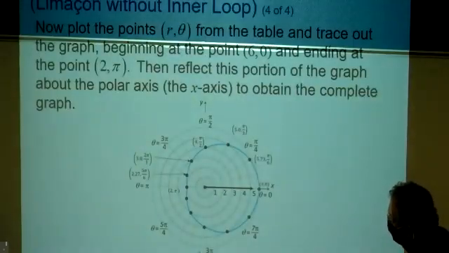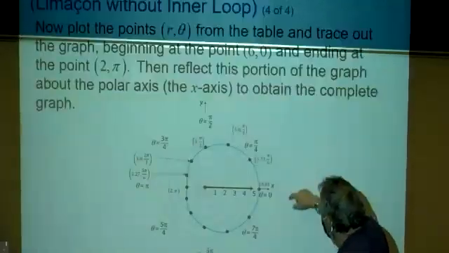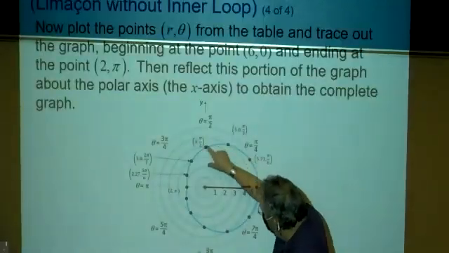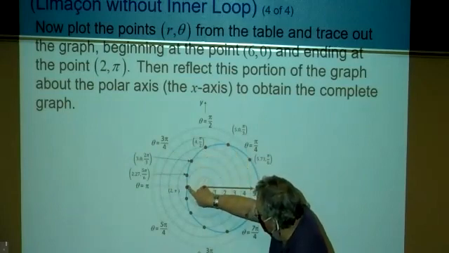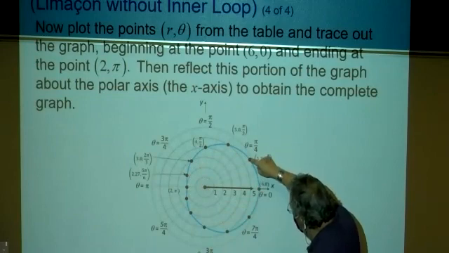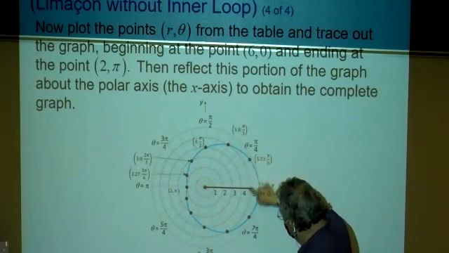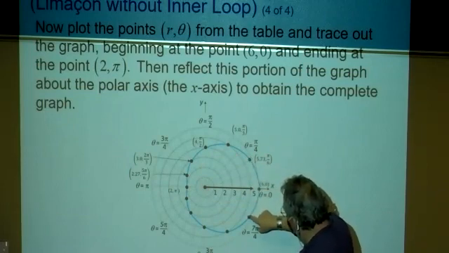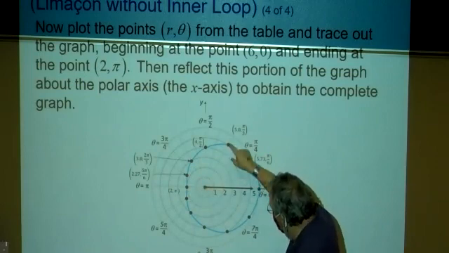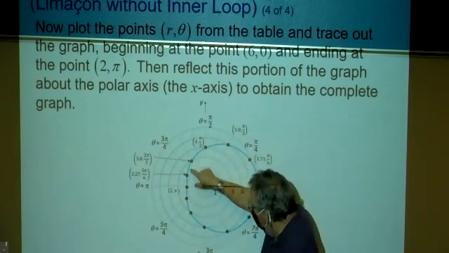And so the points they found go around like this to here. And then the symmetric point is down here. So you look at where it is across the polar axis, where they line up with each other.